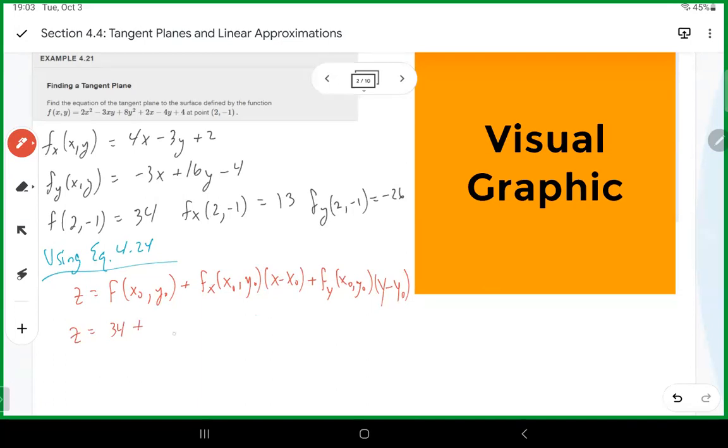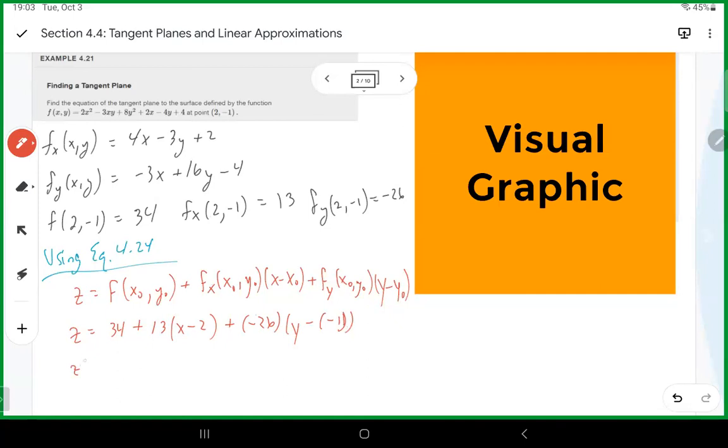34 plus 13 times x minus 2 plus negative 26 times y minus a negative 1.